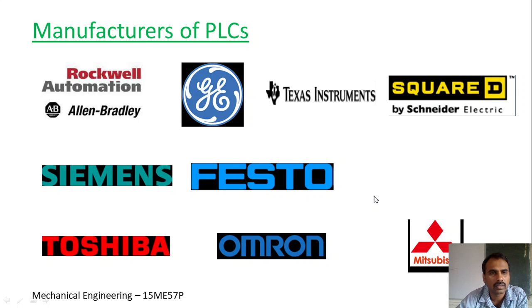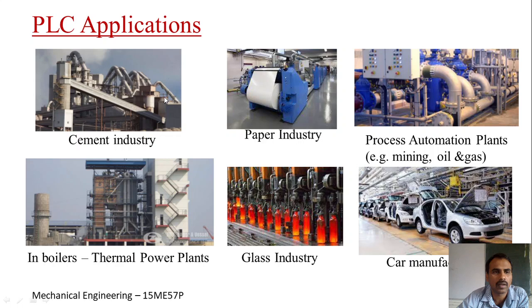Here we see the PLC applications, where PLCs are used. PLCs are used in cement industries, paper industries, process automation plants such as mining or oil and gas, boilers and thermal power plants, glass industries, and car manufacturing plants.